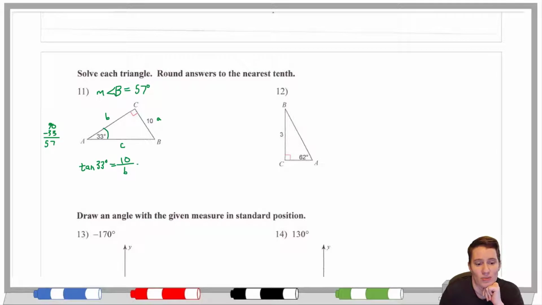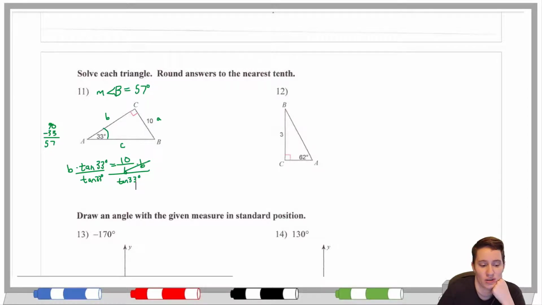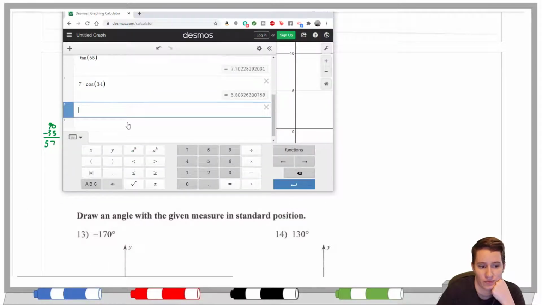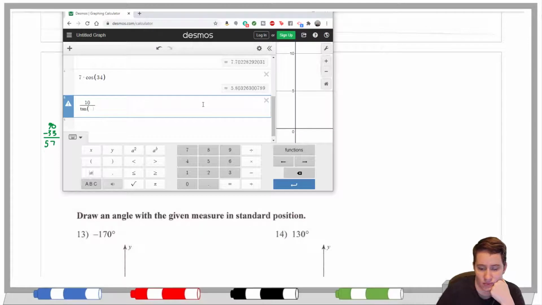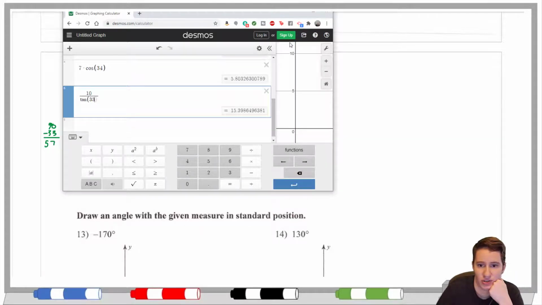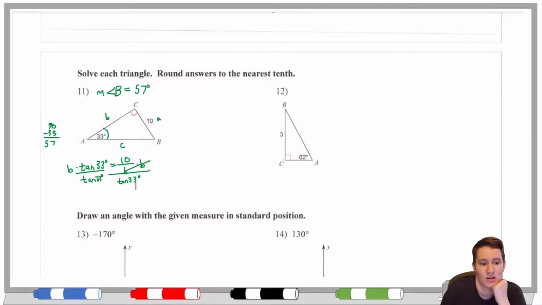So we're going to times both sides by b and then divide by tan 33. So in our calculator we need to do 10 divided by tangent 33, which is 15.4. So b is 15.4.